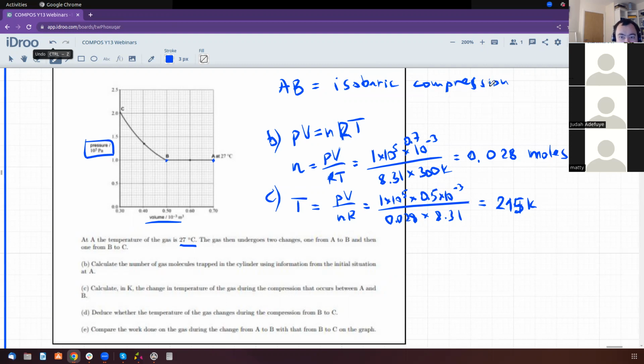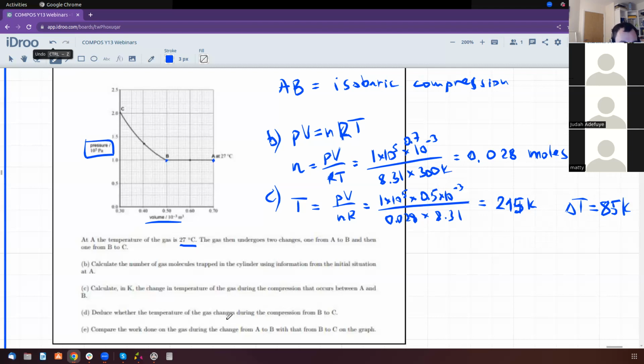Okay, the temperature of the gas decreases. From A to B, the change in temperature is of course 85 Kelvin. It was 300, now it's 215.